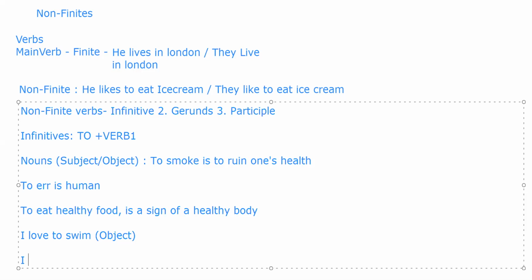I love or like to sing. Now here also to sing is an activity, so it is treated as an object. So wherever you notice the unchanged form of a verb combined with to, understand that you have just met an infinitive. So that's all in today's lesson on infinitives.